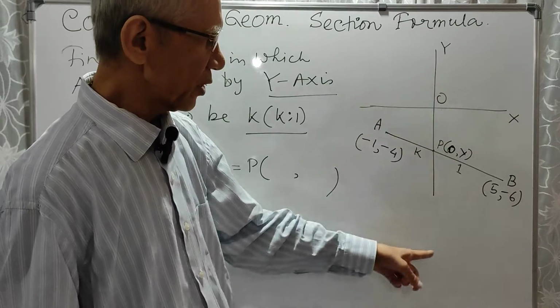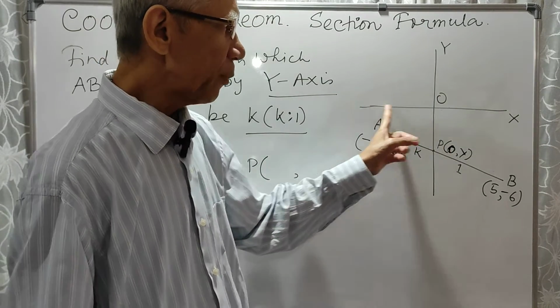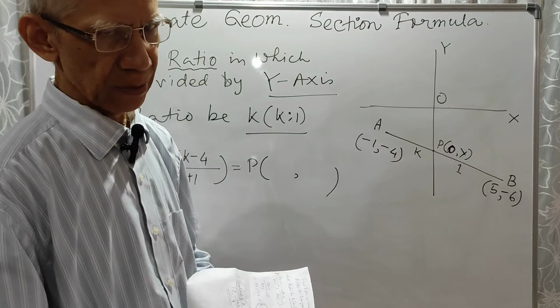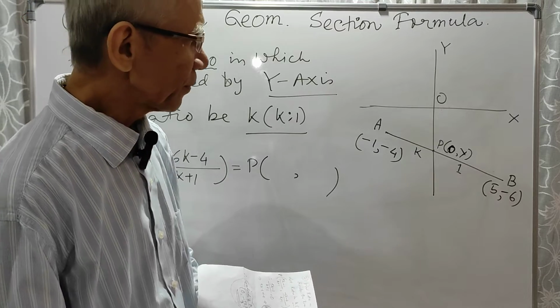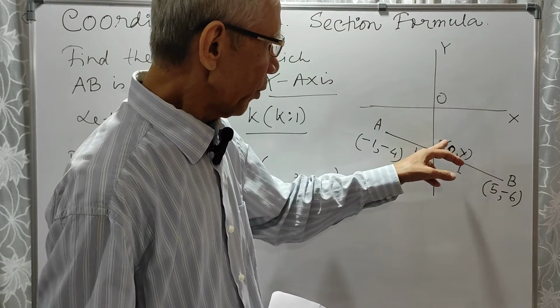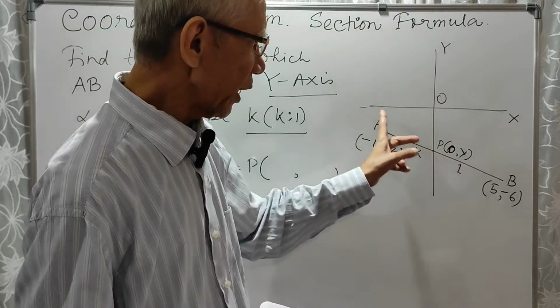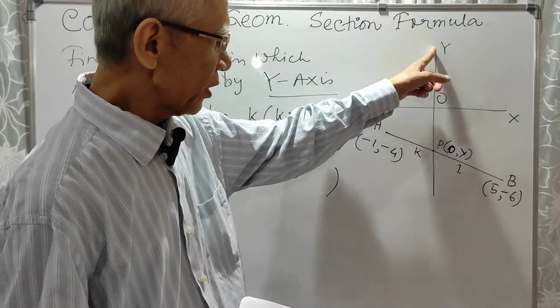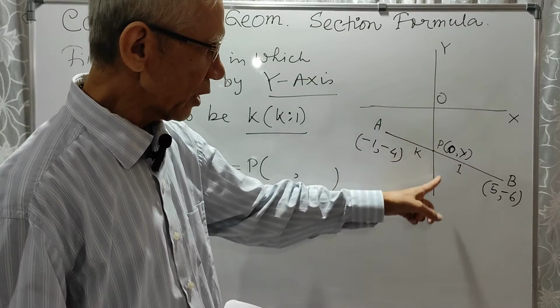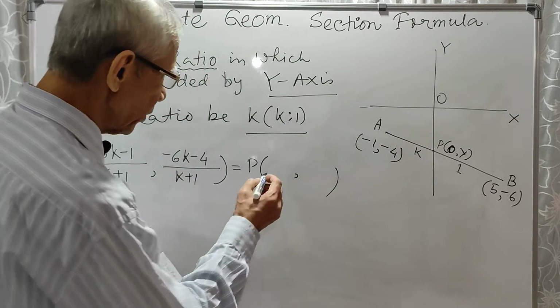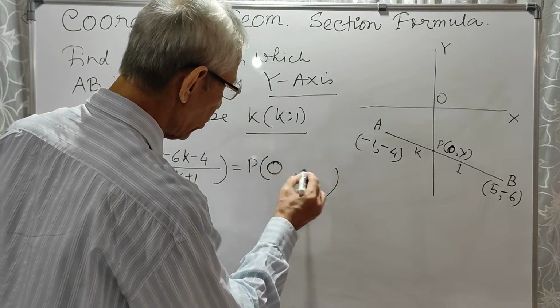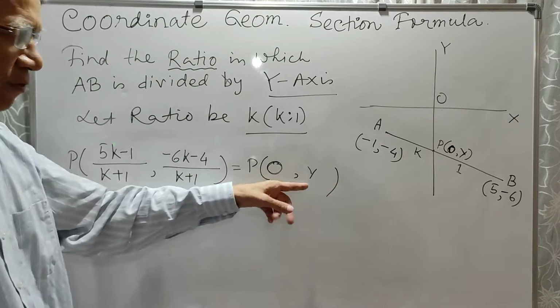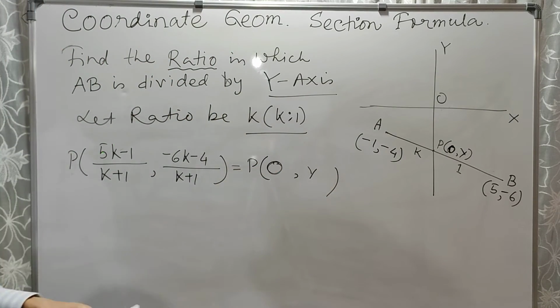Any point on the y-axis has x coordinate 0 and any point on the x-axis has y coordinate 0. So here this point is on the y-axis, therefore the x coordinate will be 0. That y has some value, so we need not bother about that.